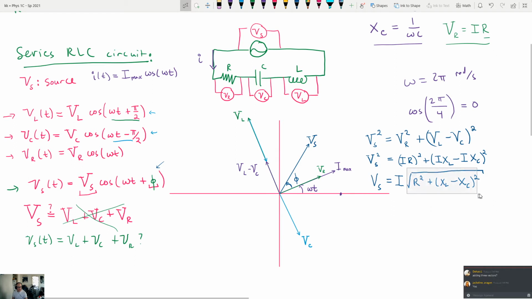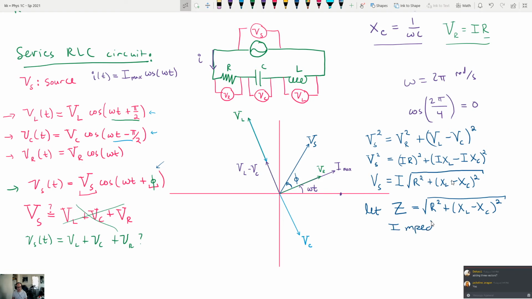The next thing to do is to define this quantity that's in the square root here as what we call impedance. So we're going to let Z, capital Z, be equal to the square root of R squared plus (XL minus XC) squared, and we call this impedance.